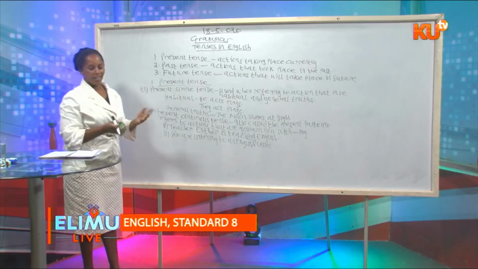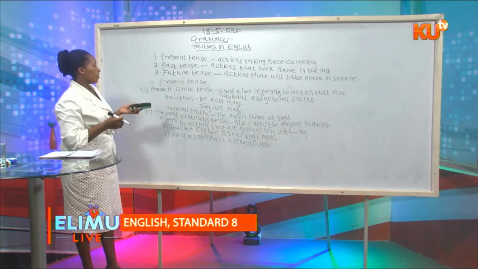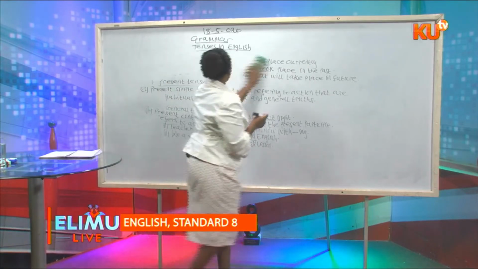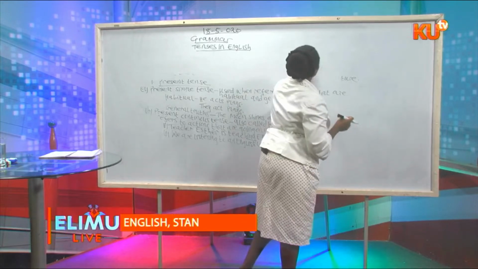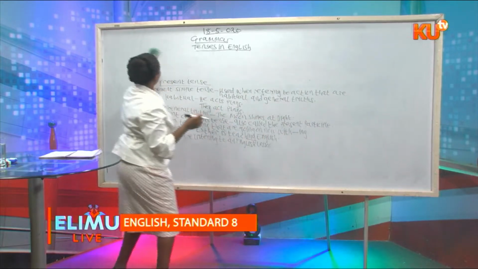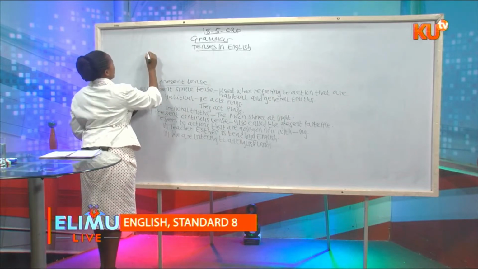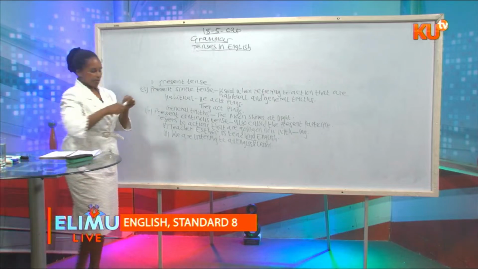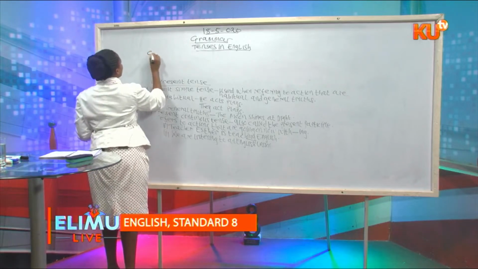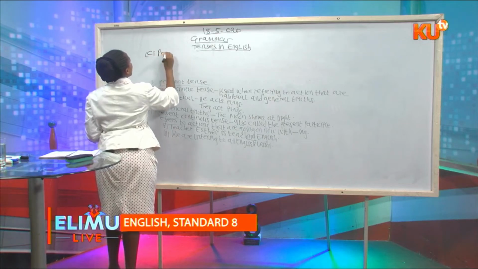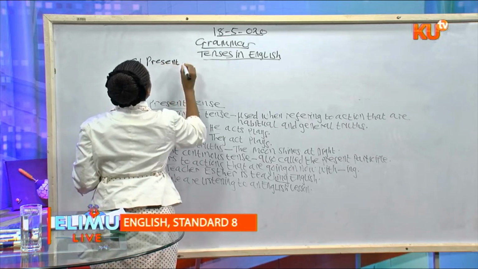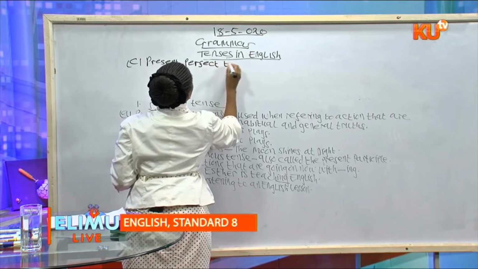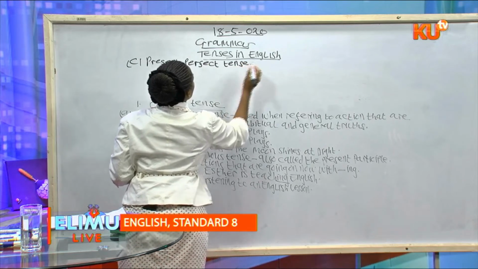So we have another category of the present tense, category C, present perfect tense.